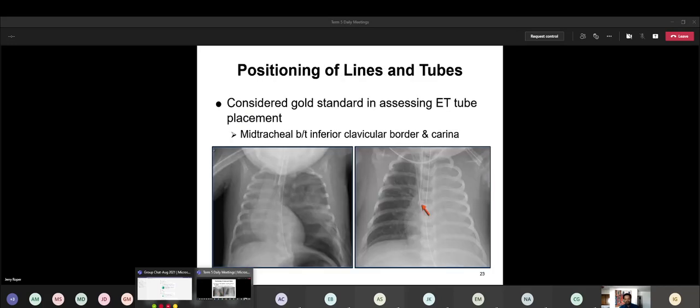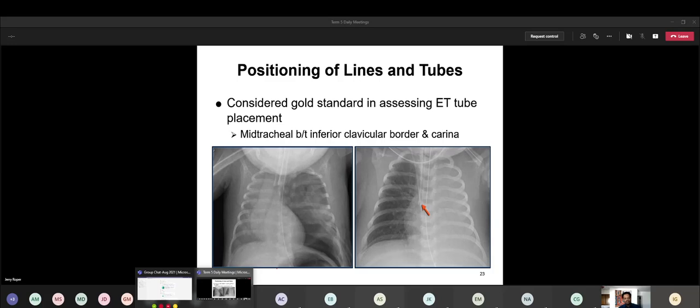Okay, now these are definitely babies here. So we're looking at two pictures that represent a baby who's intubated. And as far as the tip of the ET tube, thank goodness with babies, you don't have to try to remember, is it 2 to 3 centimeters above the diaphragm, or is it 4 to 6?